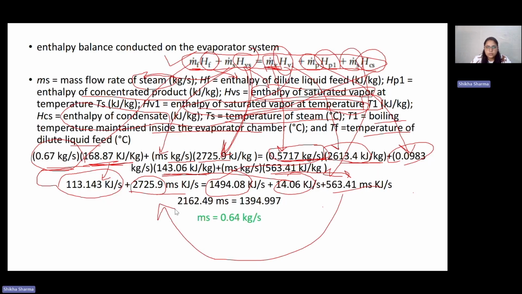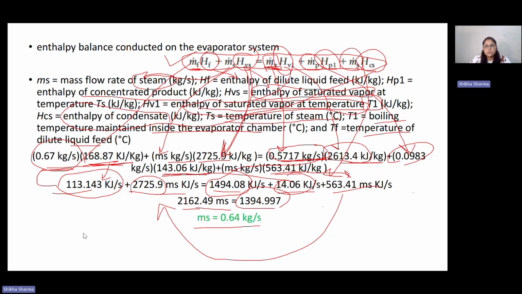So 2725.9 minus 563.41 is 2162.49 MS. And on the right hand side, 1494.08 plus 14.06 minus 113.143 equals 1394.997.